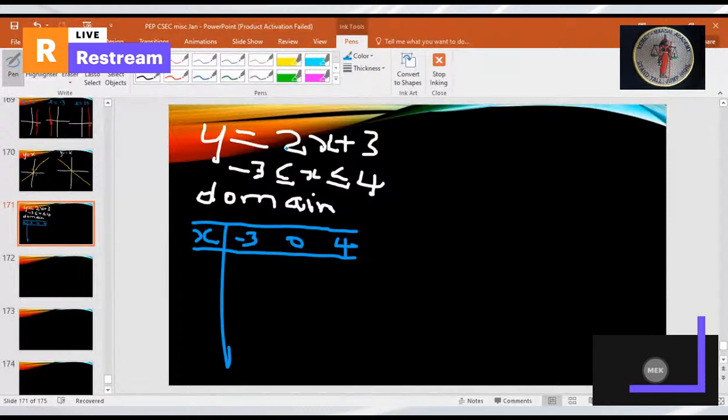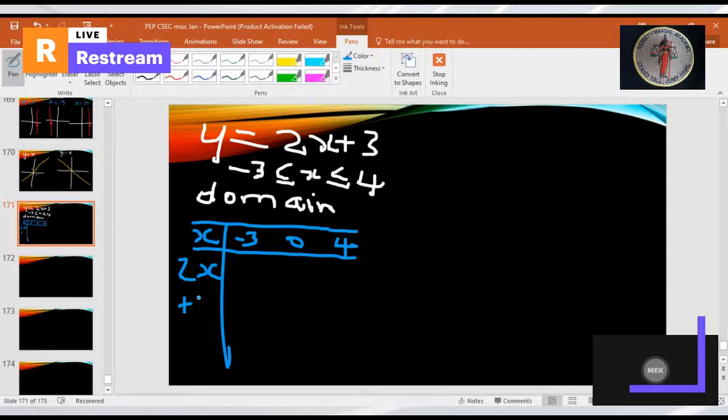So this is how you're going to set up your table when you're plotting your linear function. Look at the function and see what they want you to do with the x values and just write that in the table. So the first thing they want you to do is to multiply the x values by 2. That will go 2 times -3, that's -6. 2 times 0 is 0, 2 times 4 is 8.